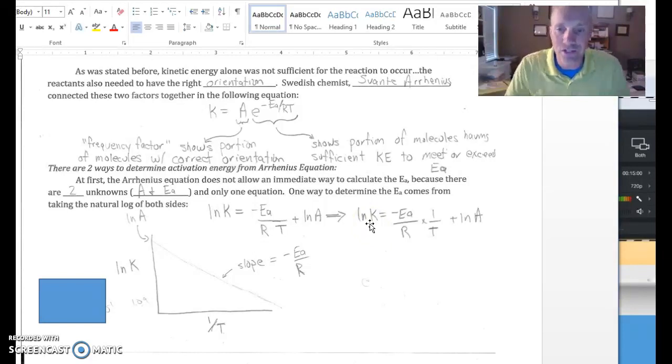All right, at each temperature we could calculate its rate constant K. All right, we could also plot that versus 1 over T at that particular temperature, and according to this equation, the point where it runs into the y-axis, or our y-intercept, would be ln of A. All right, so we could mathematically solve for what A is, and the slope of this line would be negative activation energy over R. Since R is a constant and we can calculate the slope, we could then calculate what the activation energy is. All right, so that's one way that you could do it.